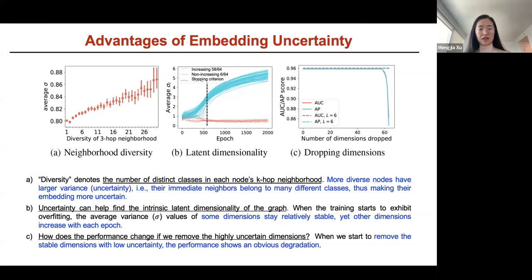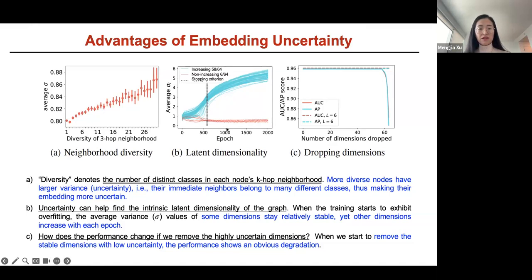We can see that after almost 550 epochs of training, several dimensions stay stable. They still have a very small sigma, but the other 58 dimensions continuously grow in average sigma.